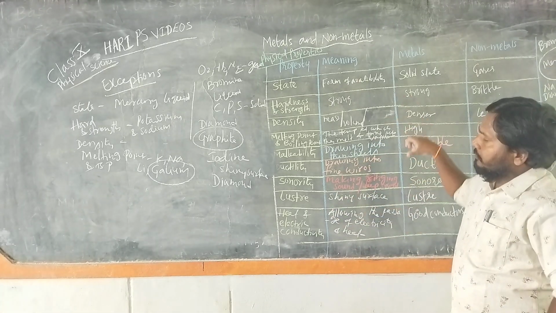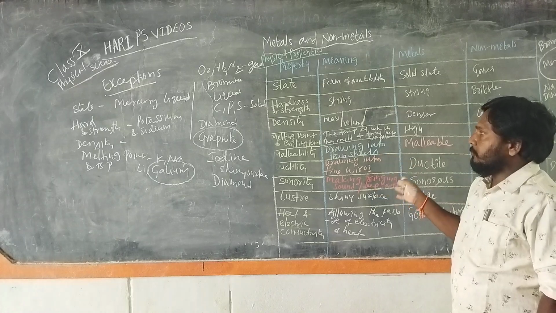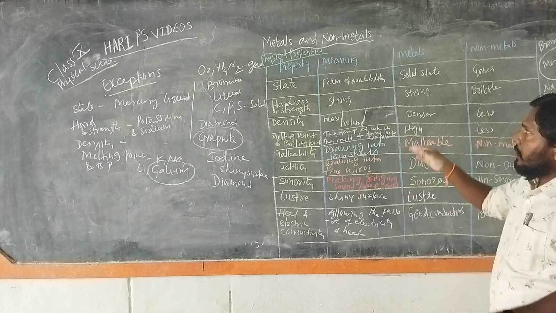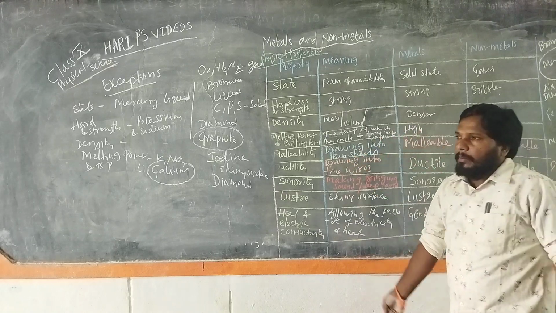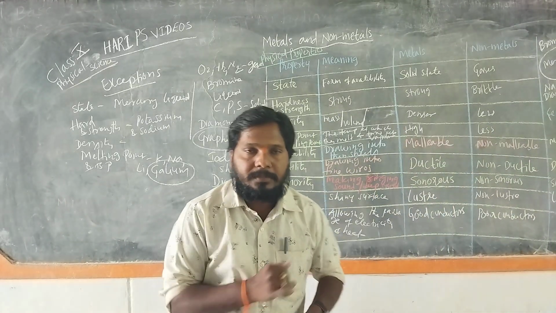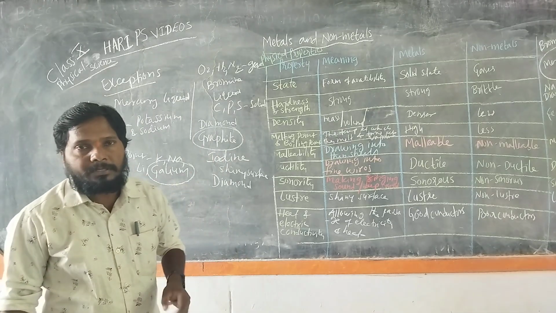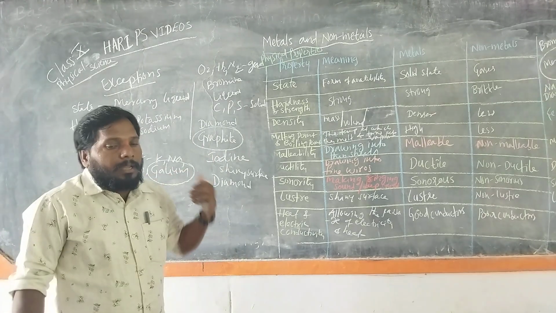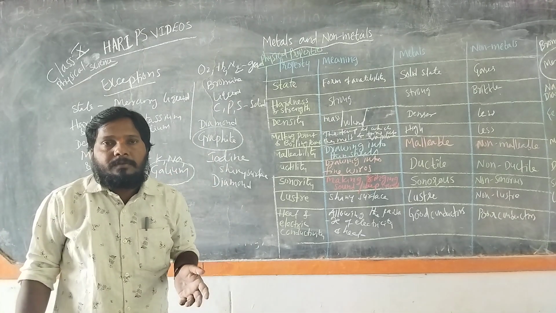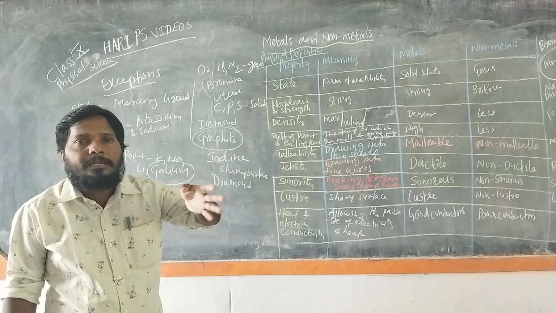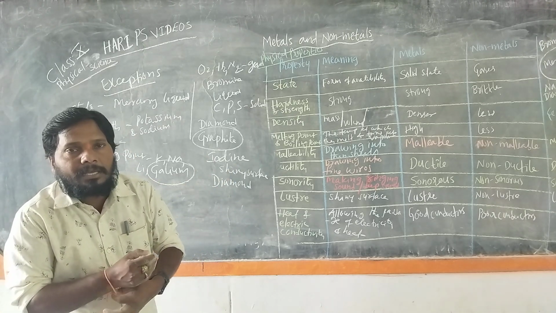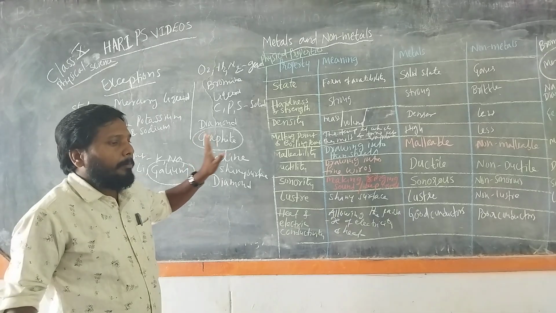Whatever physical property we take to find the difference between metals and non-metals, each has some exceptions. So we cannot classify the elements as metals and non-metals based on the physical properties.